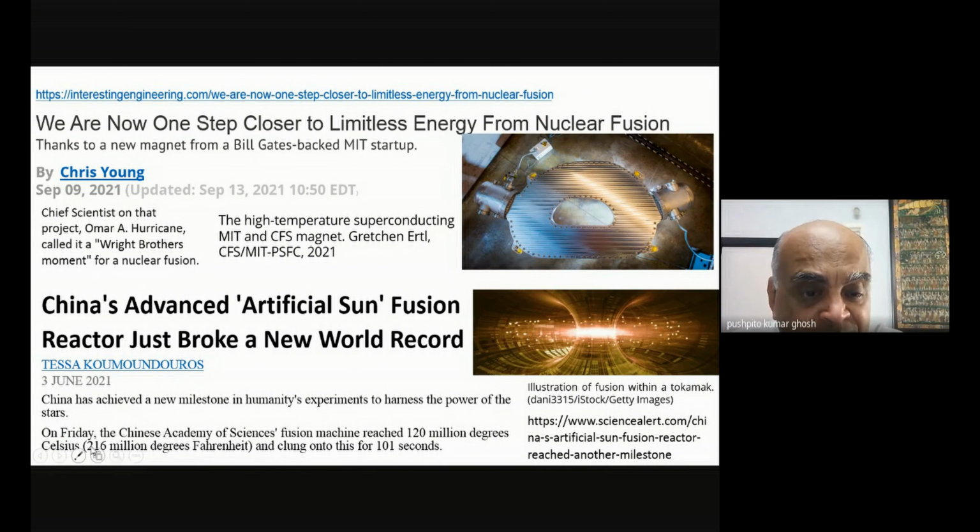China has achieved a new milestone in humanity's experiments to harness the power of the stars. On Friday, the Chinese Academy of Sciences fusion machine reached 120 million degrees Celsius and clung on to this for 101 seconds.